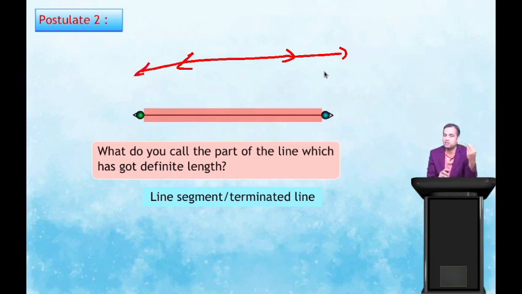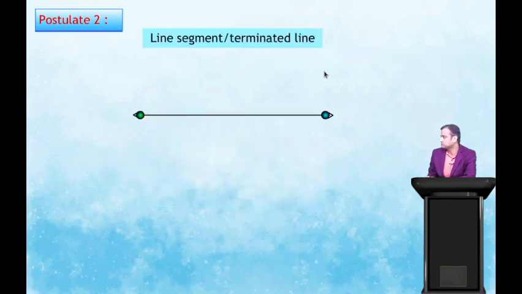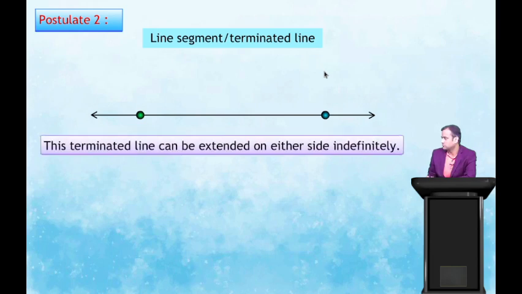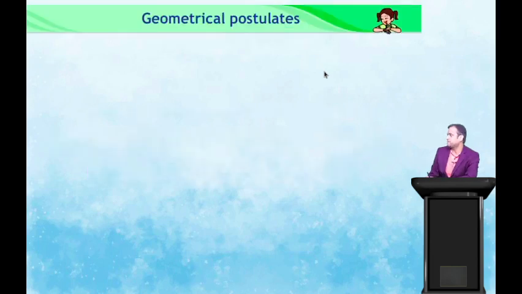It has not a definite length, but if we have a part of the line which has definite length, it is called a line segment or terminated line. This terminated line can be extended on either side indefinitely. Then it is called a line.